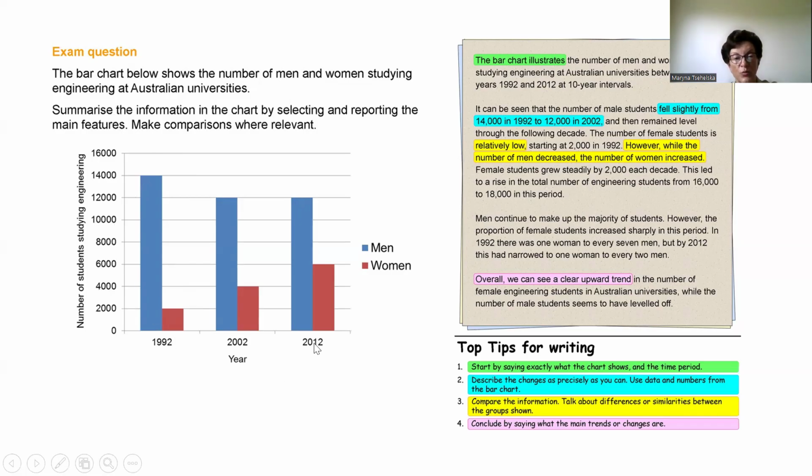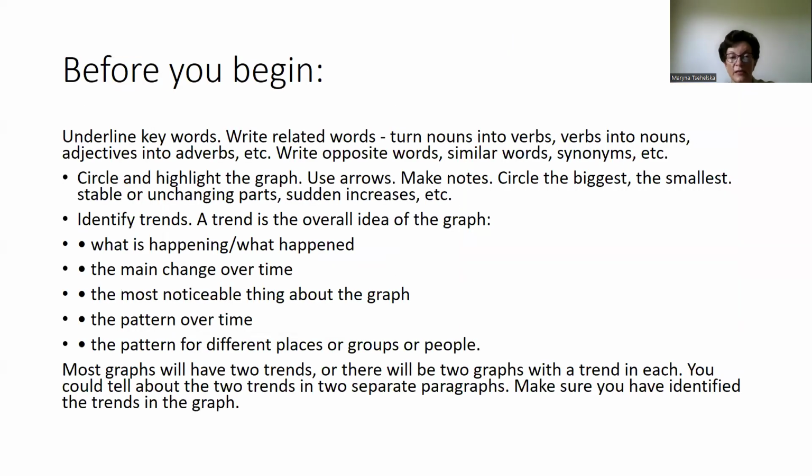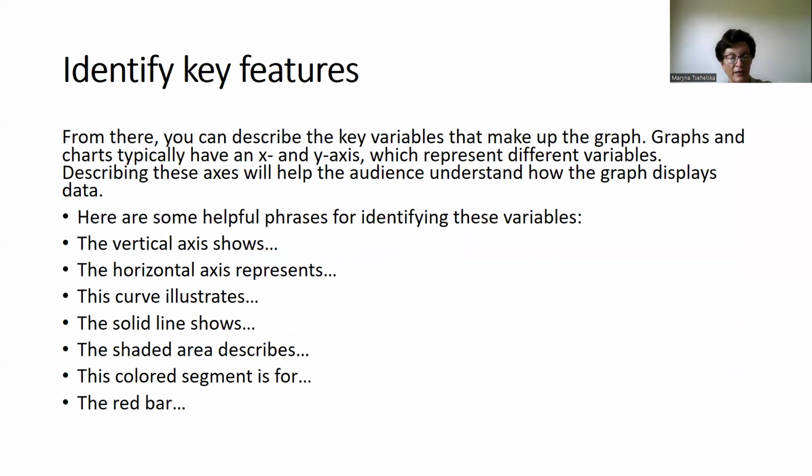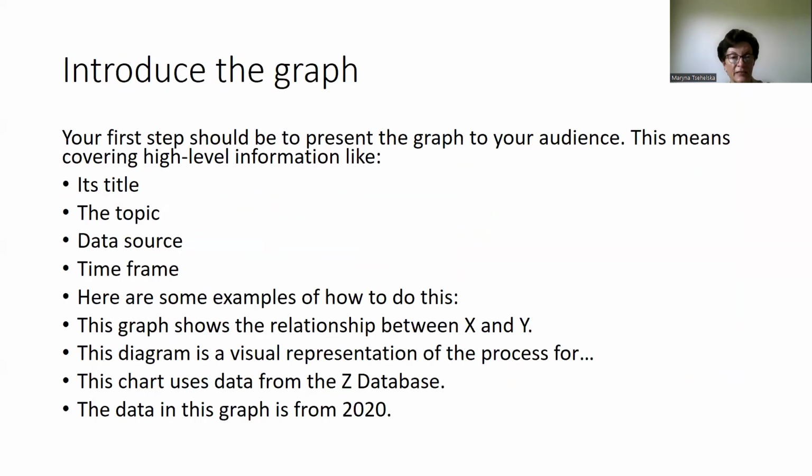But in 2012, women were already constituting 1/3 of the people studying engineering, and the number of women was only 50% lower. And you can talk about increase and decrease. So the advice here is the same: keywords, main ideas, noticeable things, and changes over time. And with this, you can talk about different tendencies.